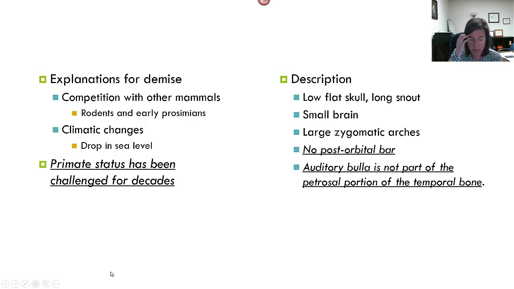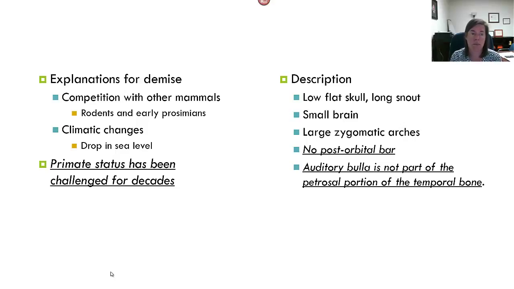So what happened to these plesiadapiforms? Why did they go extinct? Well, there are several explanations for the demise of these primates or primate-like mammals. The first is there was extensive competition with other mammals, such as rodents and early prosimians, so they were basically outcompeted for resources.